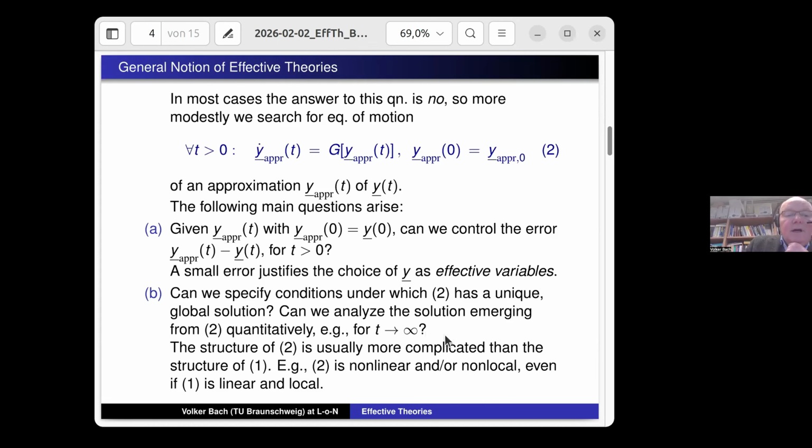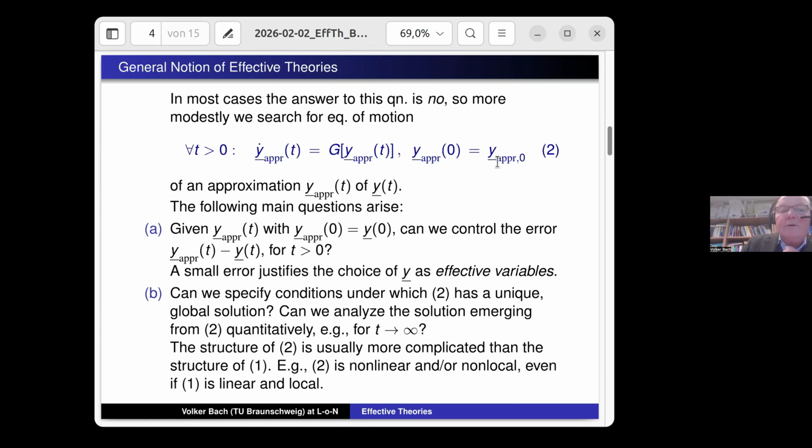So there is, however, a disadvantage or price to pay when we pass from the x variables to the y variables, namely the structure of the equation 2 is typically more complicated than the structure of the original equation. So what happens is usually that the equation 2 is nonlinear in y, and worse, it's usually non-local, so it's not a differential equation on the right side anymore.